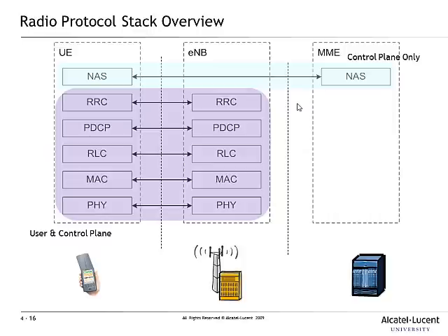Then above that we have the PDCP layer, a term that has come all the way from the GPRS era. PDCP is the packet data convergence protocol layer. As I said, this is the layer that compresses the header. For example, if you're doing an FTP session and you look at the IP packets being transmitted, there's very little difference from one IP header to the next.